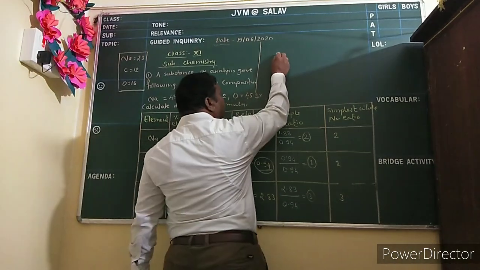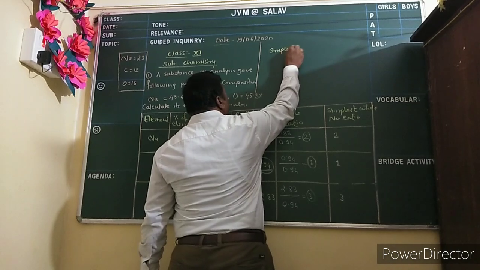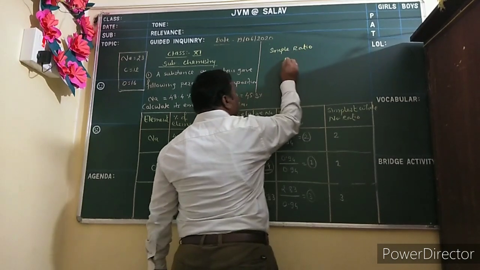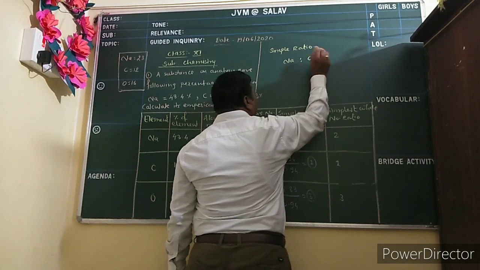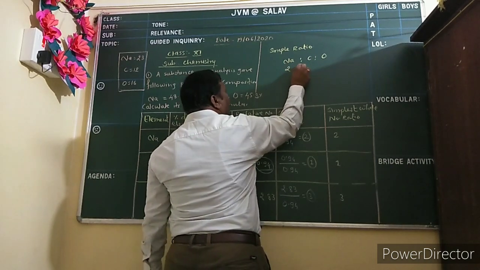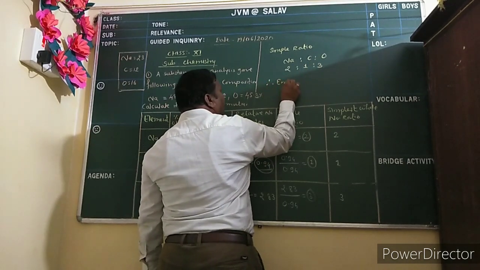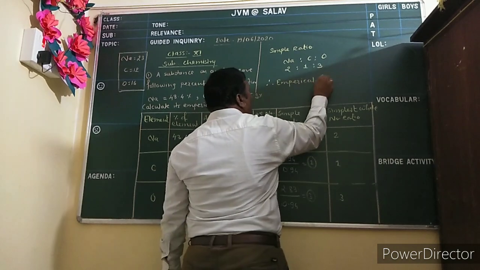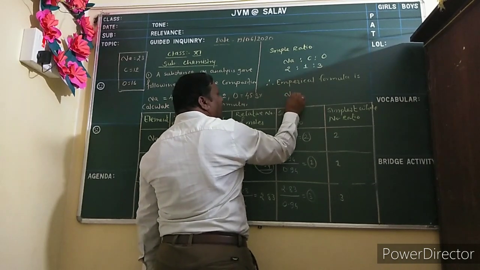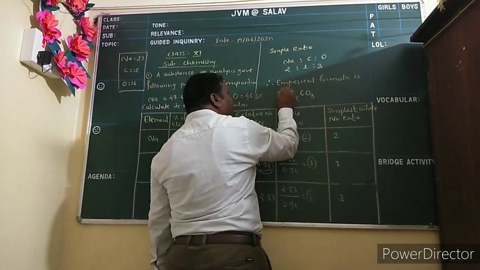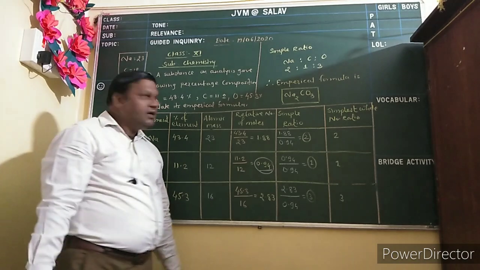So the simple ratio is sodium 2, carbon 1, oxygen 3, and therefore the empirical formula is Na2CO3, that is sodium carbonate. Did you understand how Na2CO3 is written?